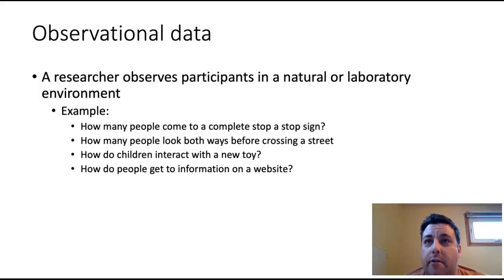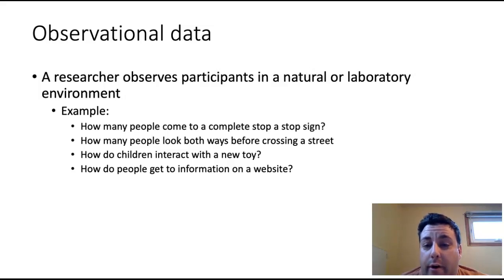And so imagine that you were simply observing a stop sign at a four-way intersection or some kind of intersection. One example of observational research might be how many people come to a complete stop before proceeding through that intersection. You might also ask how many pedestrians look both ways before crossing that street.